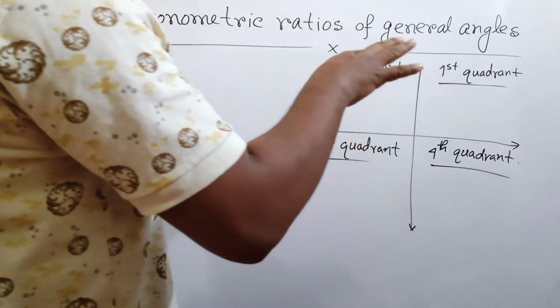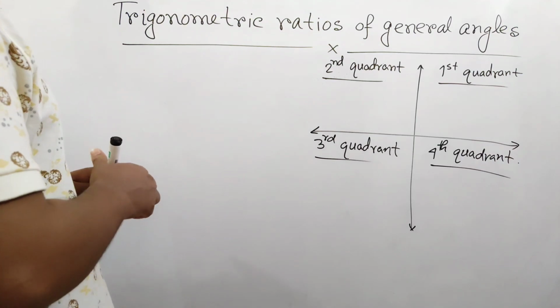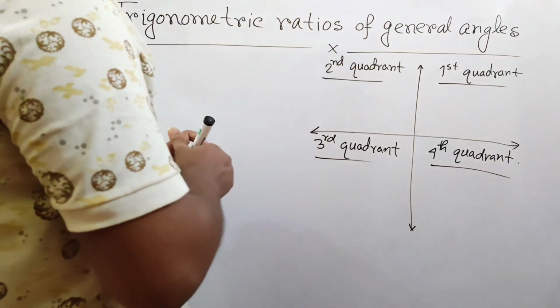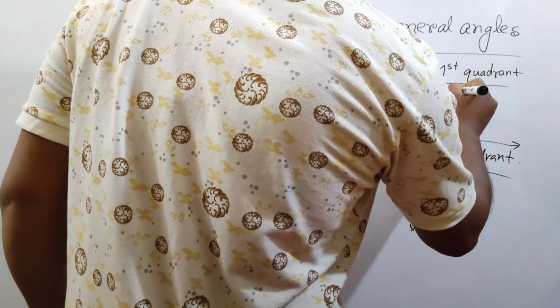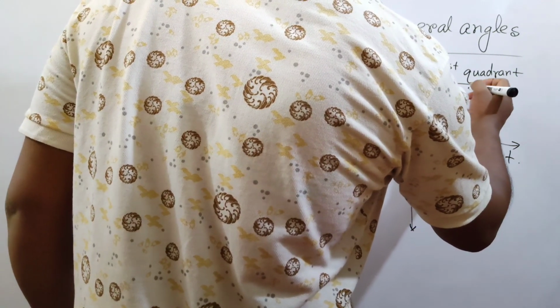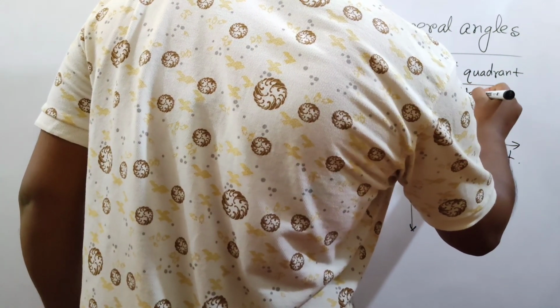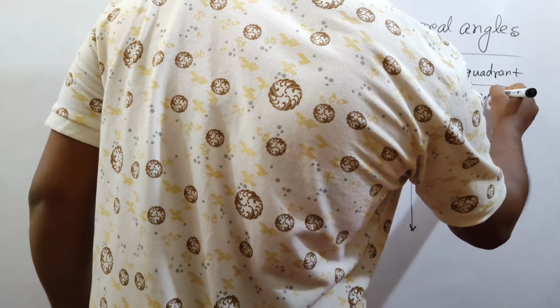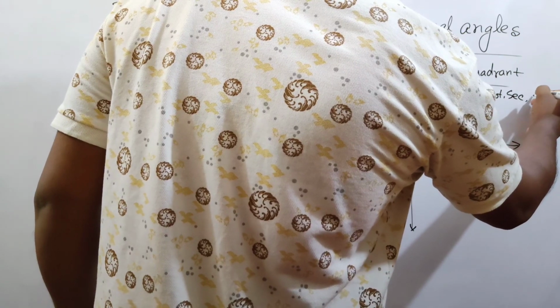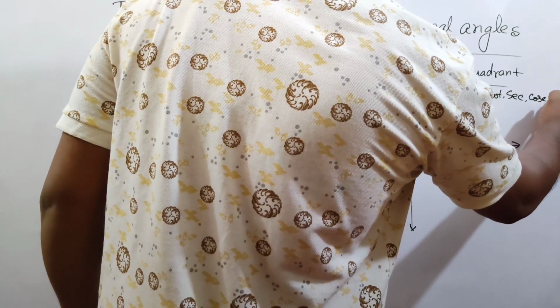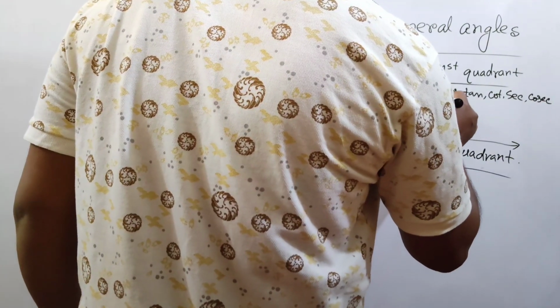We know that there are 6 trigonometric ratios. In the first quadrant, sine, cosine, that is cos, tangent, that is tan, cotangent, that is cot, secant, that is sec, and cosecant, that is cosec, are all positive.